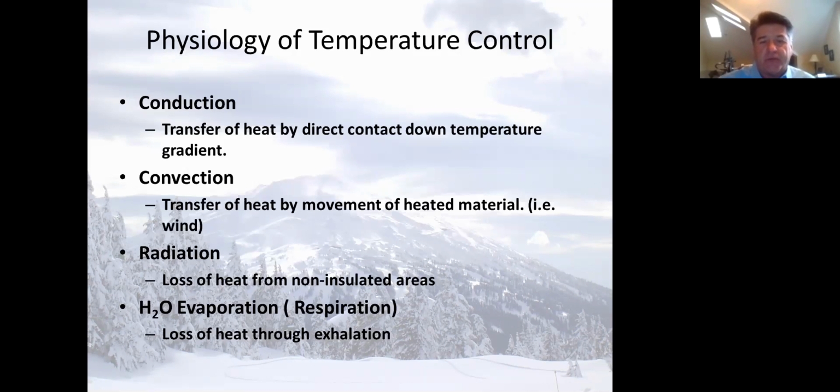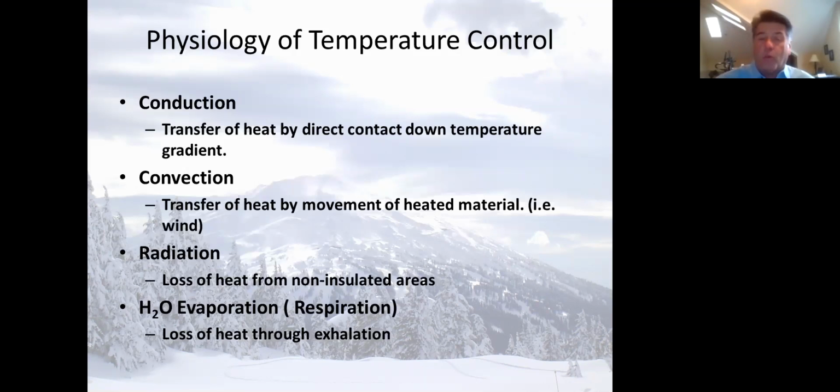Convection is the transfer of heat by movement and heated material, such as wind. Radiation is the heat that you give off, the loss of heat from non-insulated areas. When you take off your hat in the wintertime, you'll see steam coming off the top of your head. And then last is evaporation or respiration, and that's the loss of heat through exhalation.